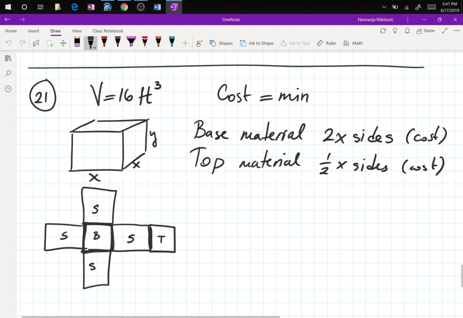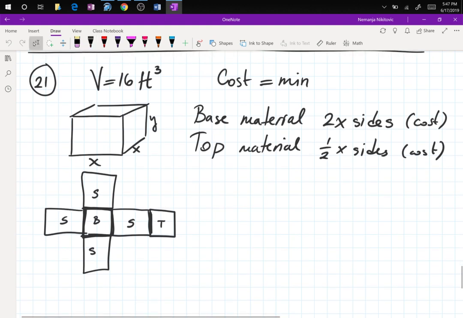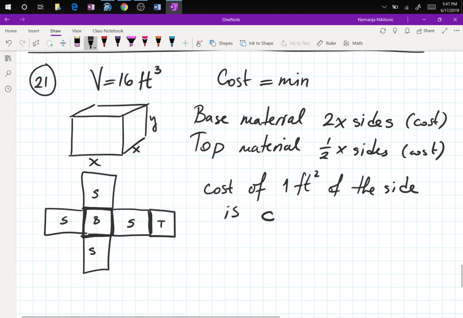So now, what is the cost function? Well, say that the cost of 1 square foot of the side is, let's say, C. I don't know, $1, half a dollar, $10, whatever.